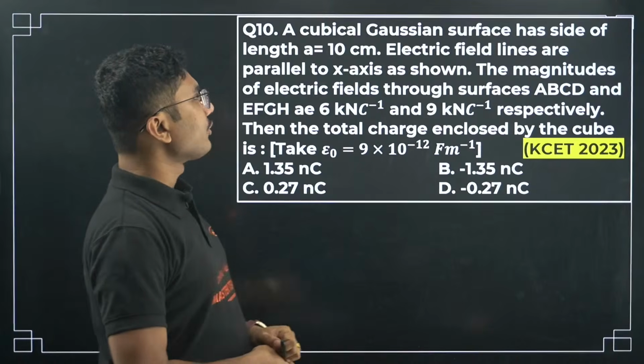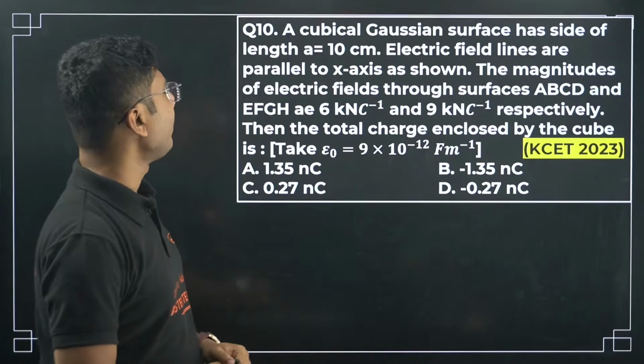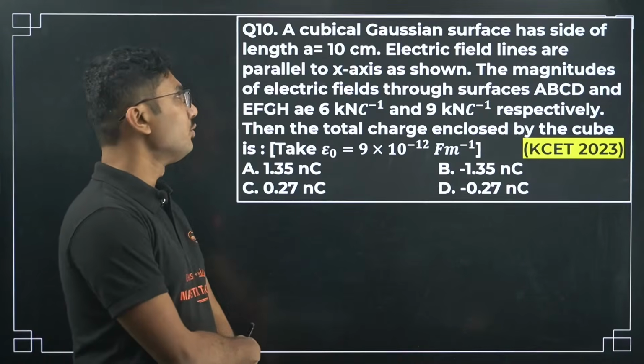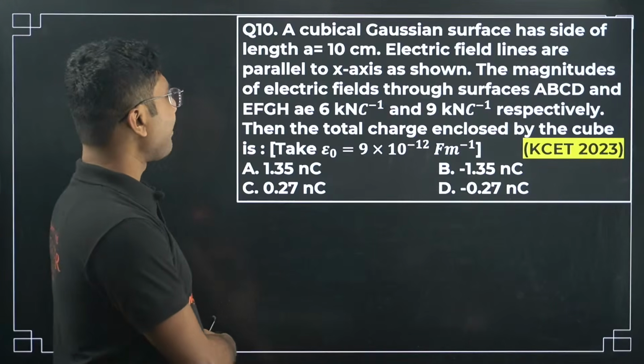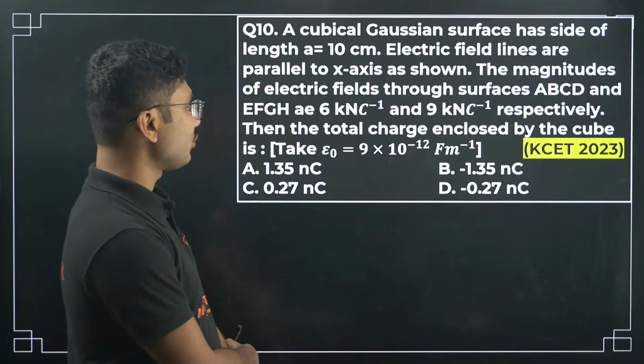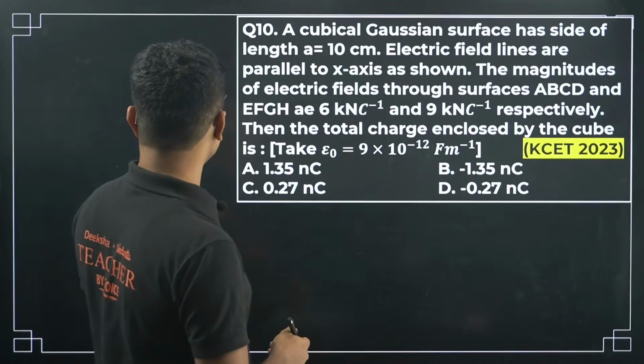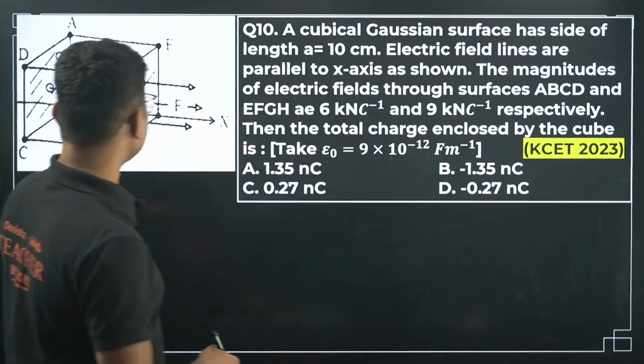A cubical Gaussian surface has a side of length a equal to 10 centimeter. Electric field lines are parallel to the x-axis as shown. I think there is a diagram. Yes, this is the diagram.